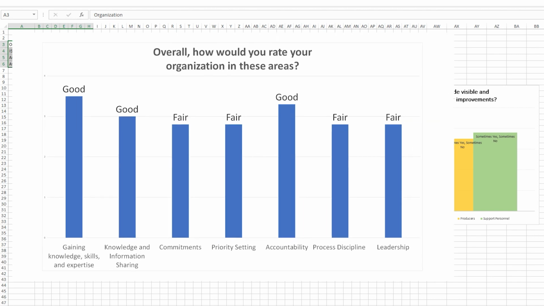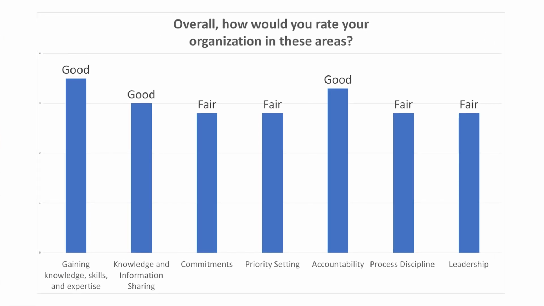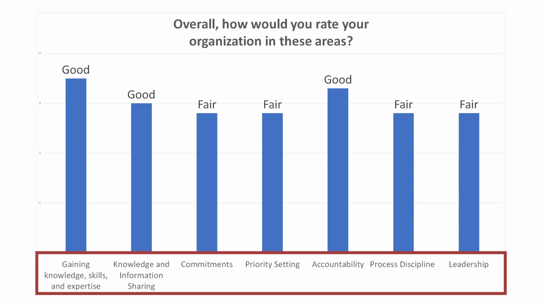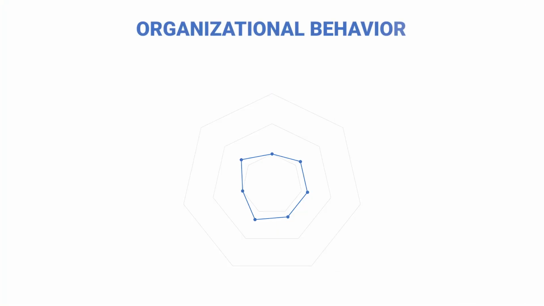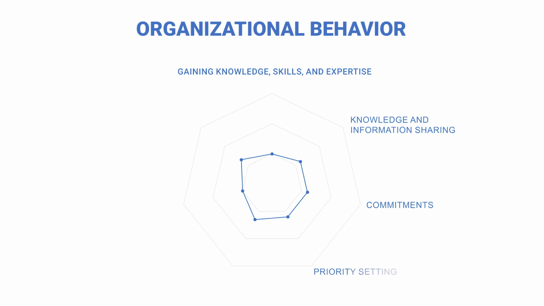The first chart is for organizational behavior and graphs the 7 axes of behavior against 4 levels of cultural support for sustainability. The 7 axes of behavior are gaining knowledge, skills, and expertise, knowledge and information sharing, commitments, priority setting, accountability, process discipline, and leadership.